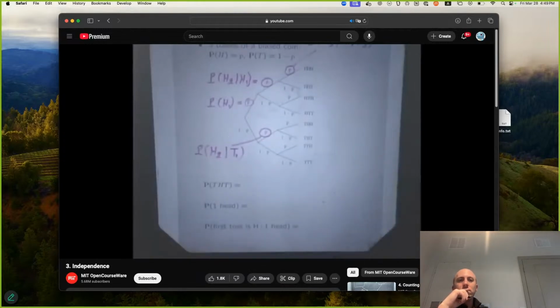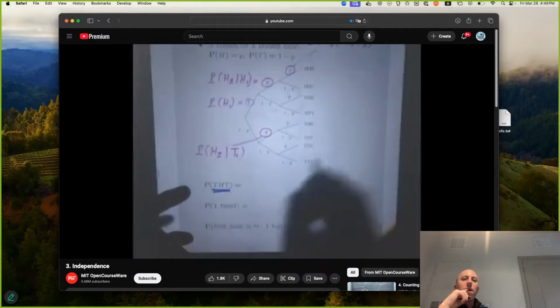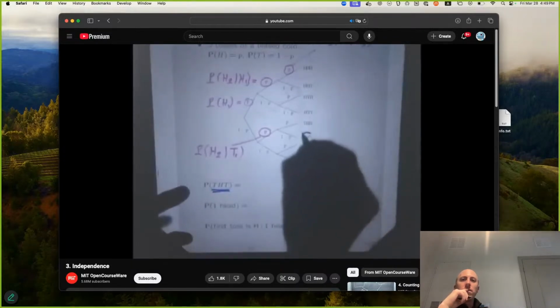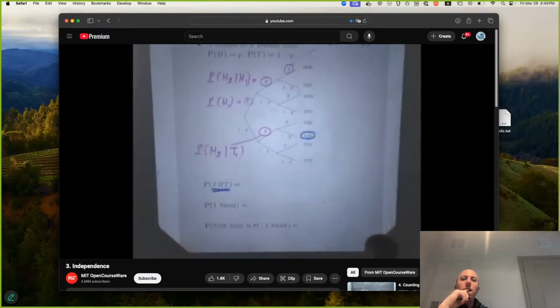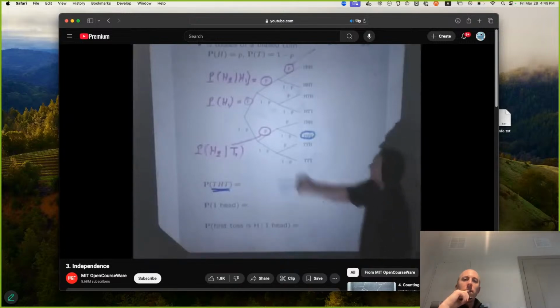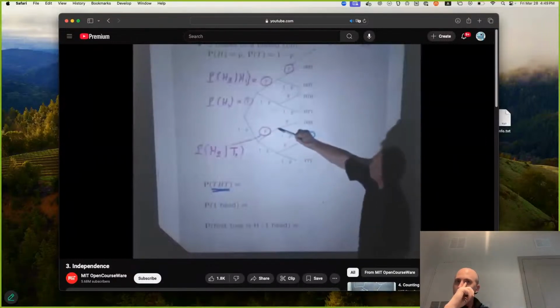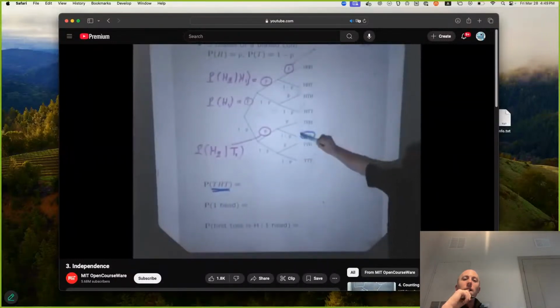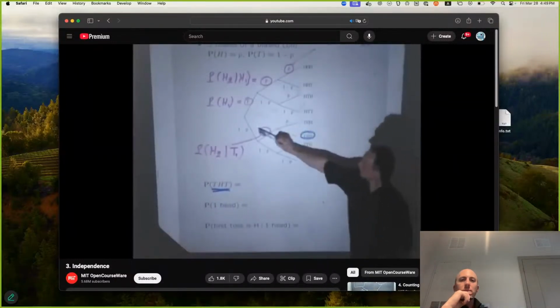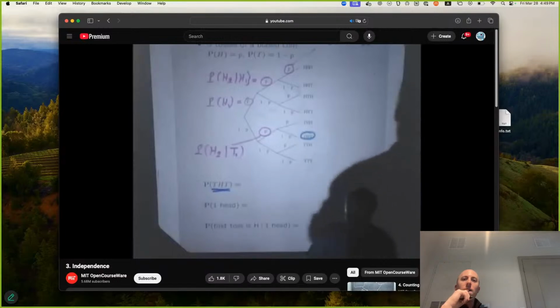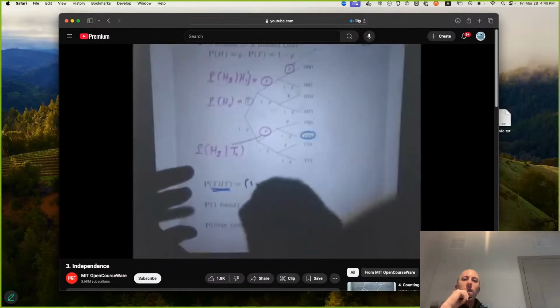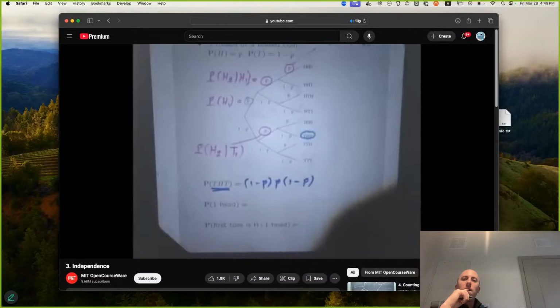So here we're talking about this particular outcome. The way we calculate such a probability is by multiplying conditional probabilities along the path that takes us to this outcome. These conditional probabilities are recorded here. So it's going to be 1 minus P times P times 1 minus P. This is the multiplication rule.